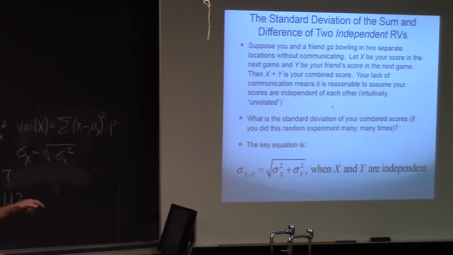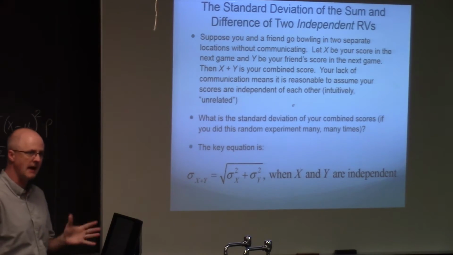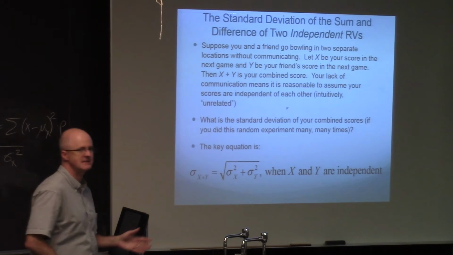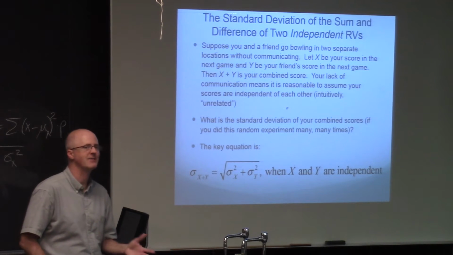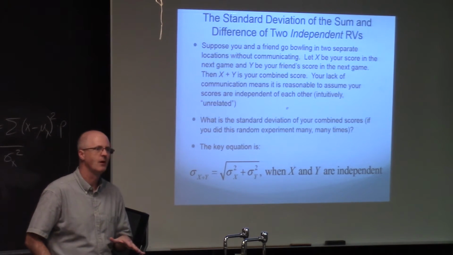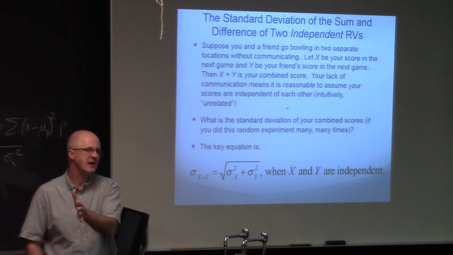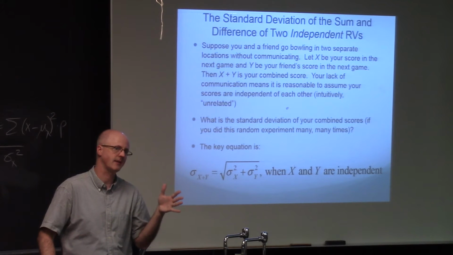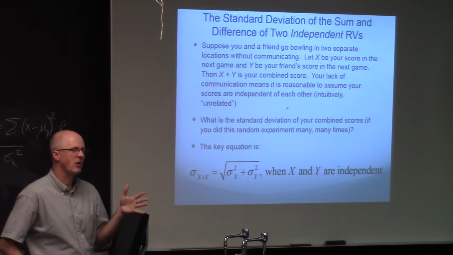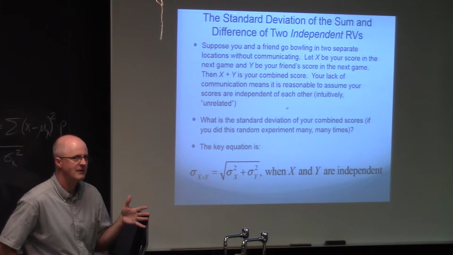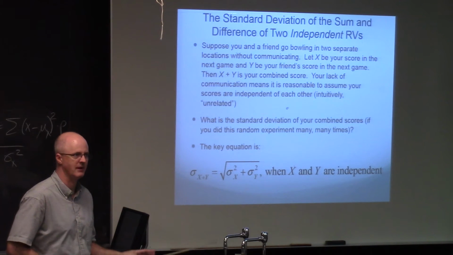This formula down here at the bottom for the standard deviation of the sum of two variables is true when the variables are what we call independent. If they're not independent, it's only approximately true. What does independent variables mean? Basically, it means they're unrelated. Knowledge of the value of one of them doesn't affect your knowledge of the value of the other. Don't worry about whether that really is true here. Many times it's reasonable to assume it's approximately true at least, and people use this formula anyway.